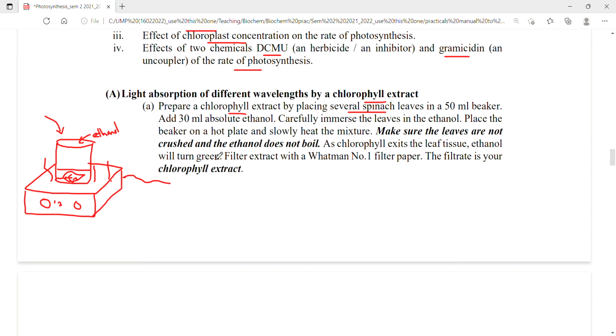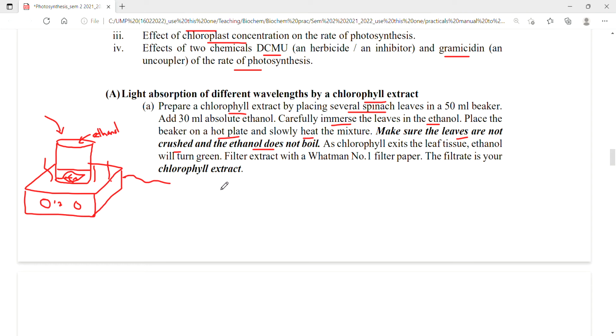So it says here carefully immerse the leaf in ethanol, and then slowly heat on a hot plate, but make sure the leaves are not crushed, so complete leaves will be good. And make sure the ethanol does not boil, just enough to warm the leaf and slowly leach out the chlorophyll. That is what we are trying to do.